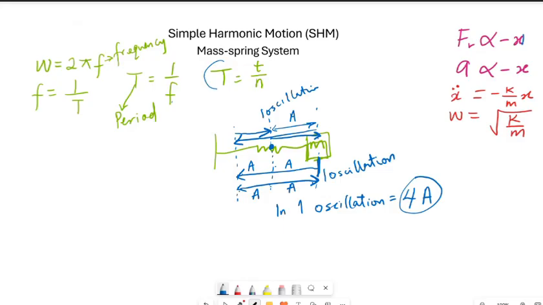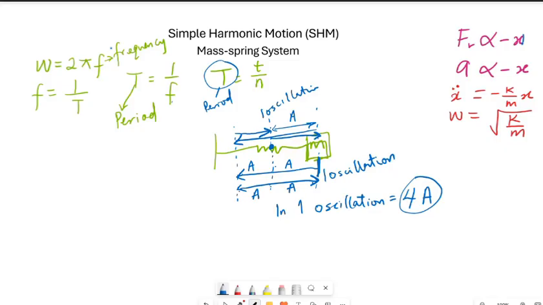Now we are talking about the period. Period is the time taken to complete one oscillation. The time it takes to complete one oscillation is what we mean by period.